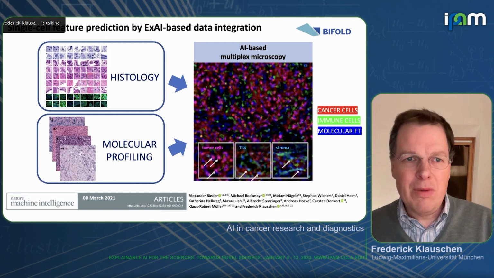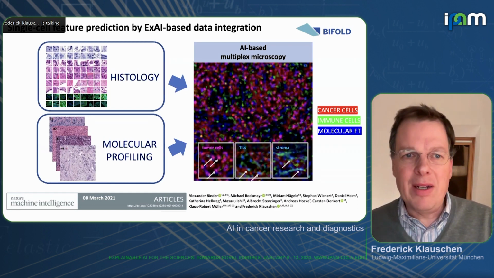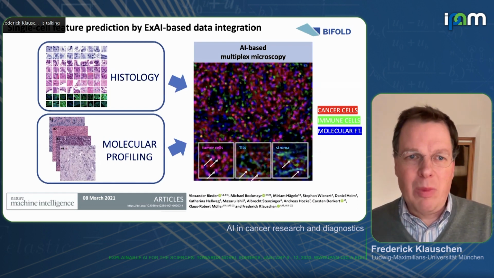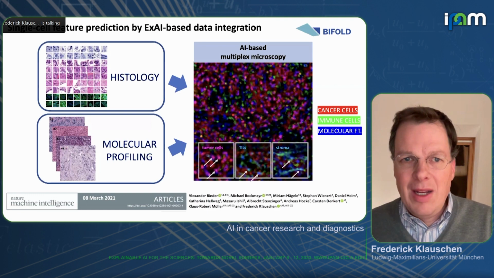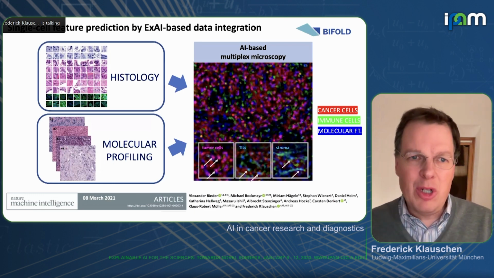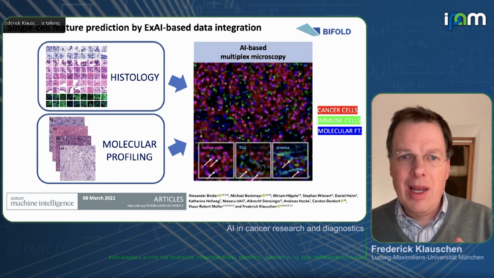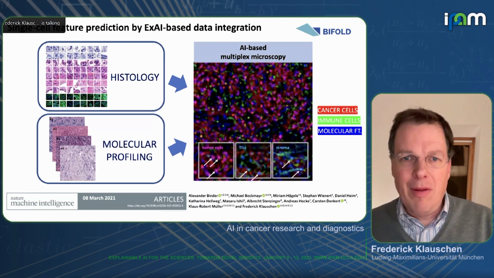So in this work here, we have tried now to apply explainable AI to train the AI to predict certain molecular properties just based on the image data, without any molecular technology analyzing the data.